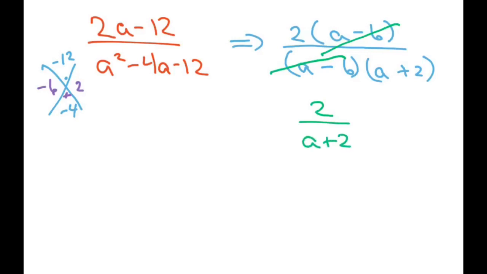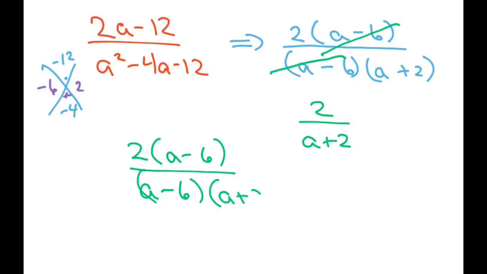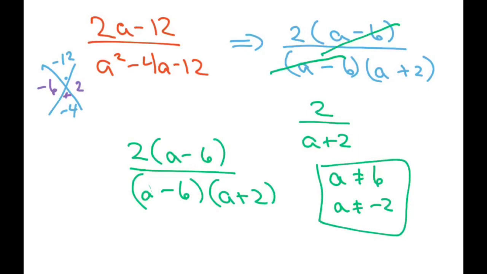Now also we have some restrictions here. When you do your restrictions, this is 6 here, we know we cannot divide by 0. So your restrictions are a cannot be 6 and a cannot be negative 2, because if it was, when you plug it in, you'll get 0 in the denominator.